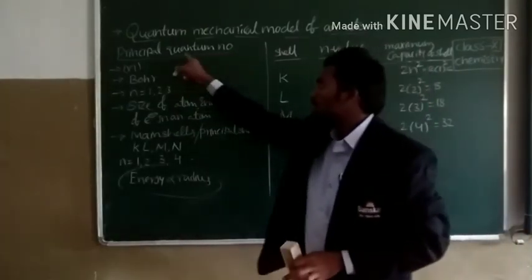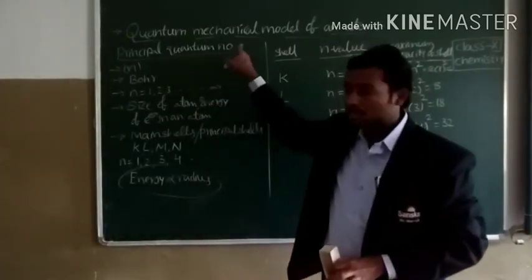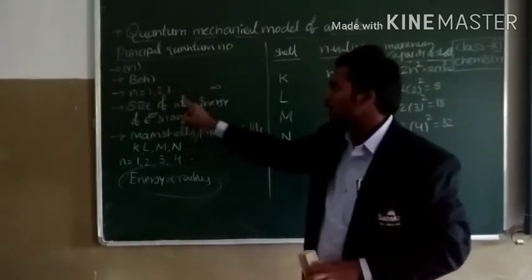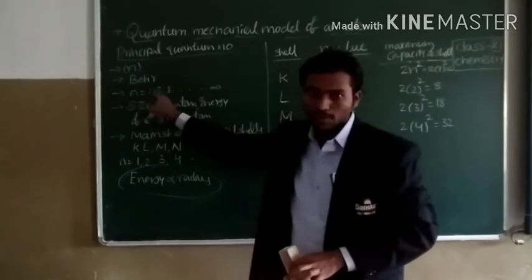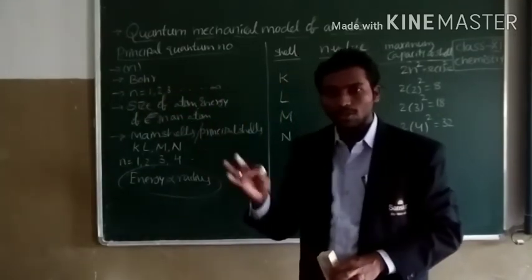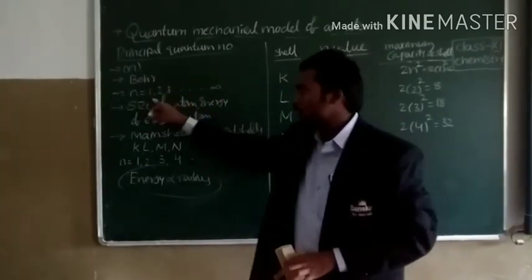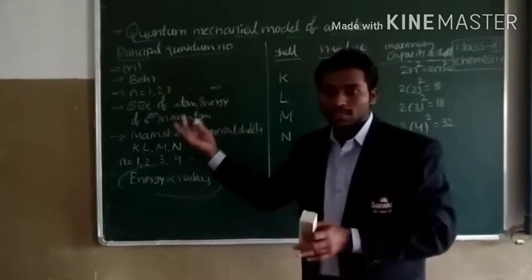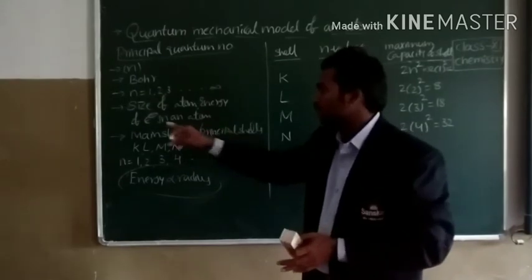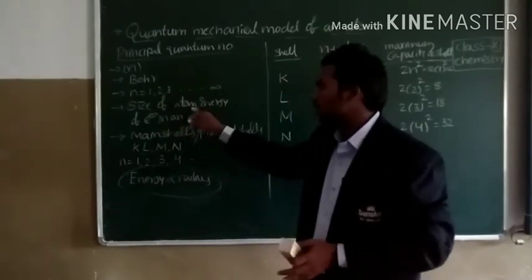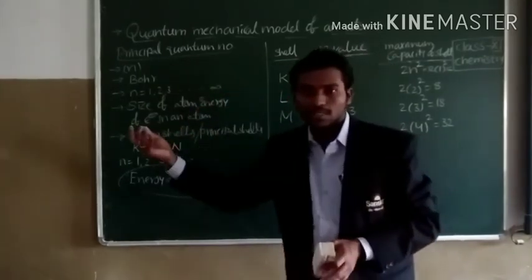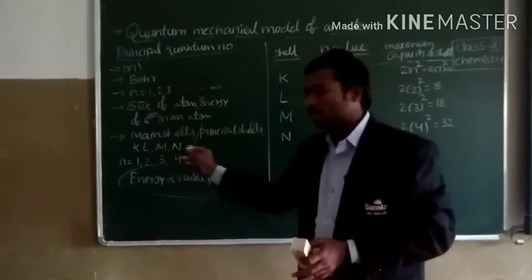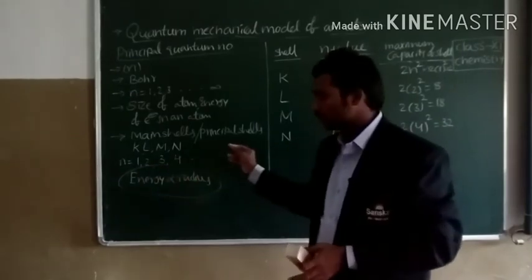Listen to me, children. This principal quantum number, denoted by n, was proposed by Niels Bohr. Values of principal quantum number start from 1 to infinity. It tells about size of the atom and energy of the shell. It also tells about main shells or principal energy levels, indicated by K, L, M, N or 1, 2, 3, 4.